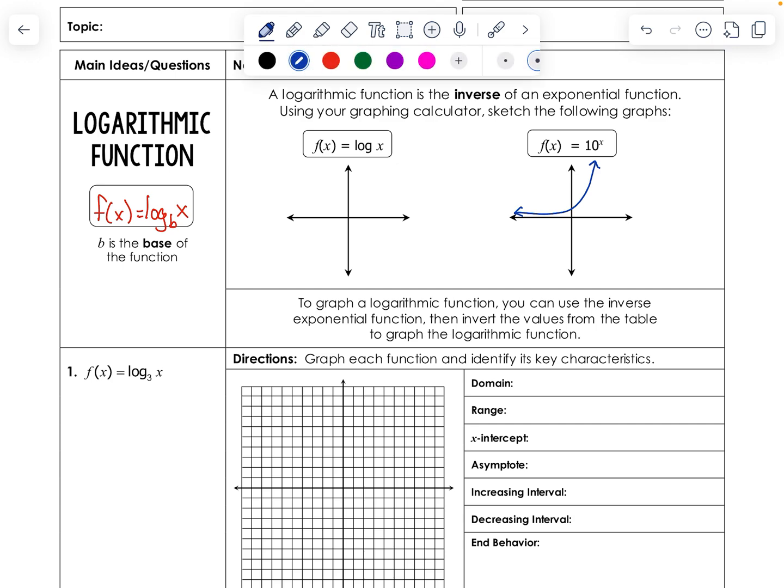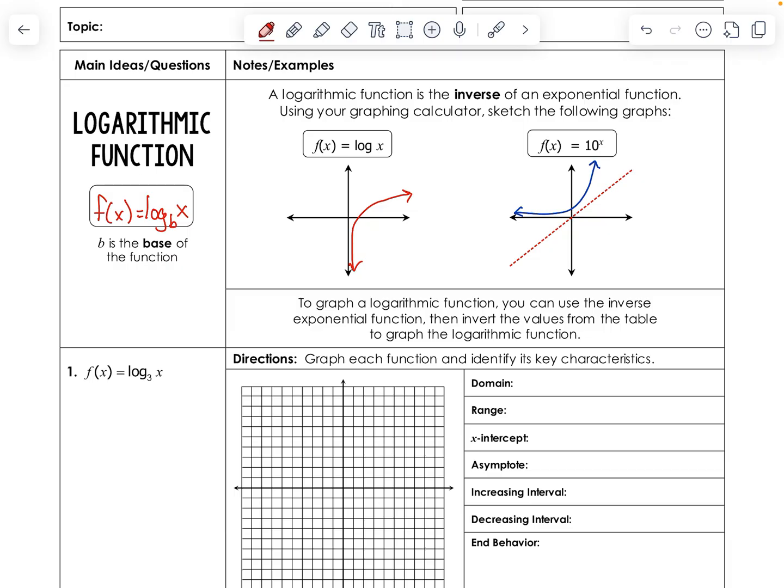Now, remember when we did inverses, two functions are inverses of each other if they reflect over y equals x and still be a function. So my x and y values switch spots. So a log function looks like this.